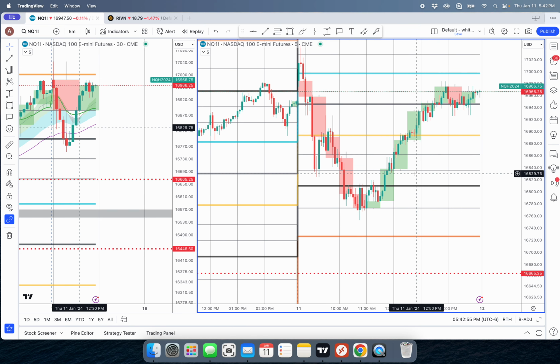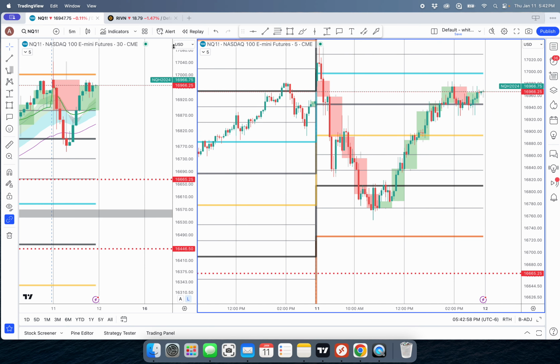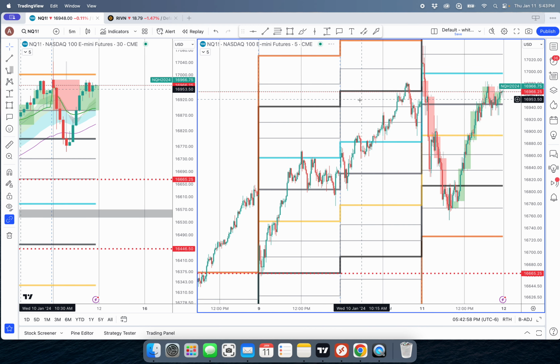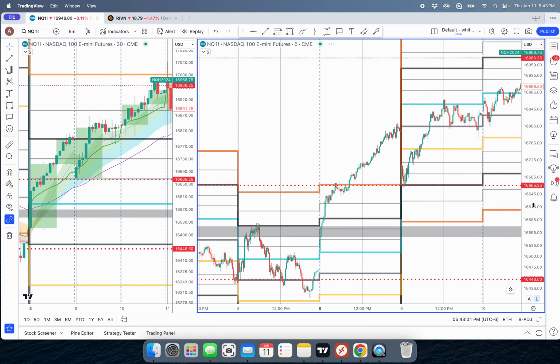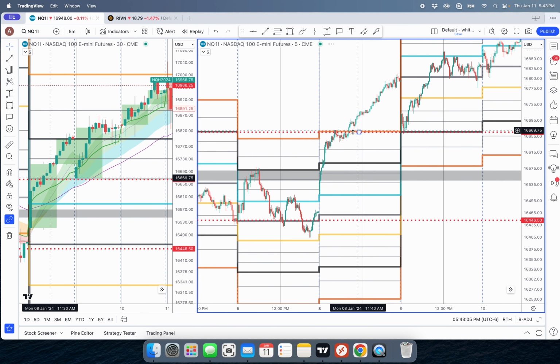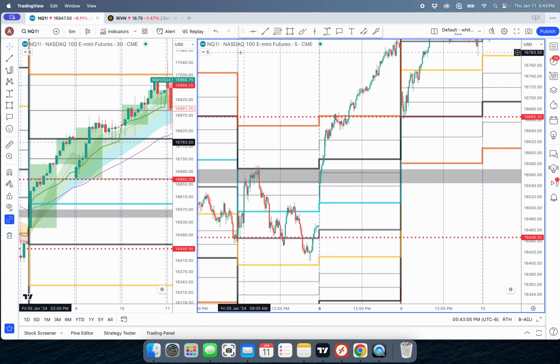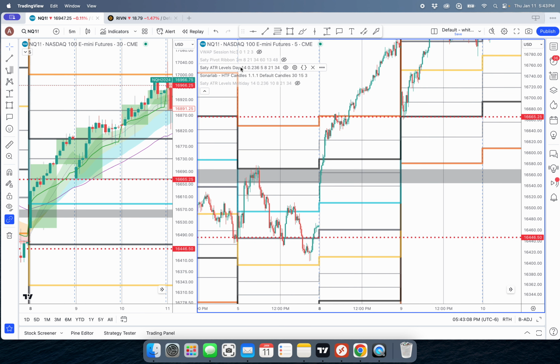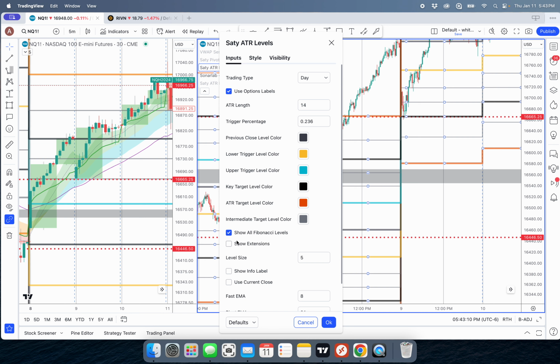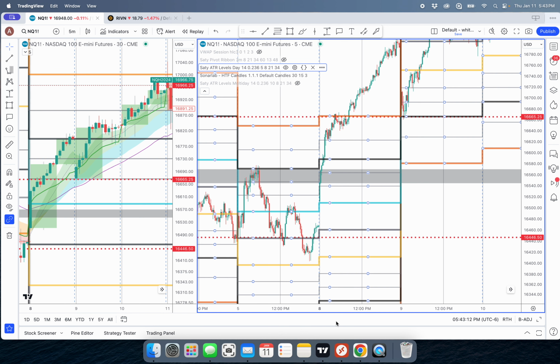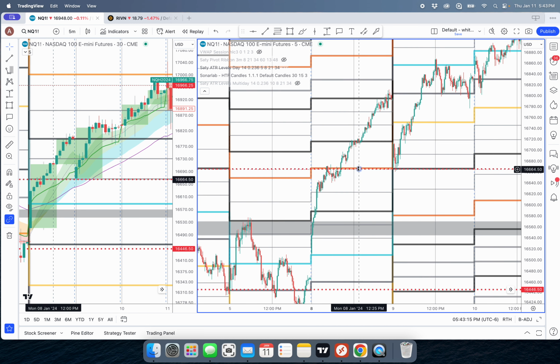The one last thing that's critical would be the extensions. So you notice right here, you see how we went past this ATR move. If you go right into here to your extensions, if you ever got past this, then you will have extensions, and you see how it plays right into here.